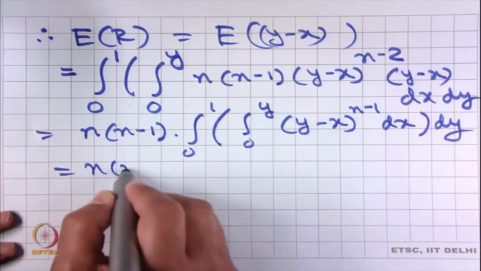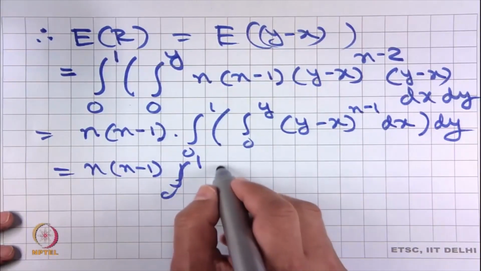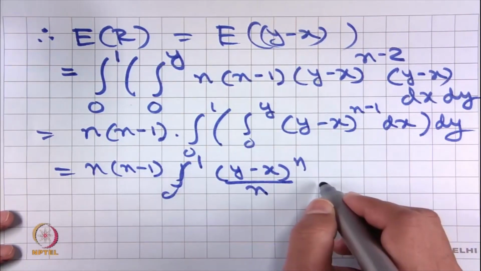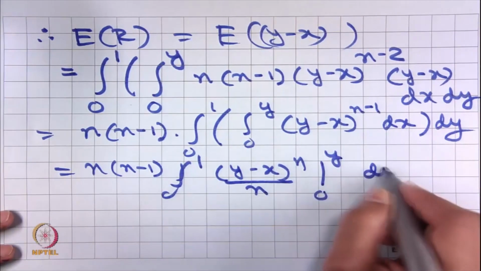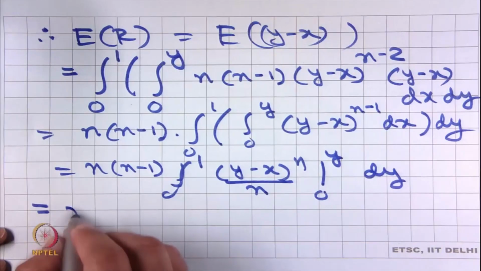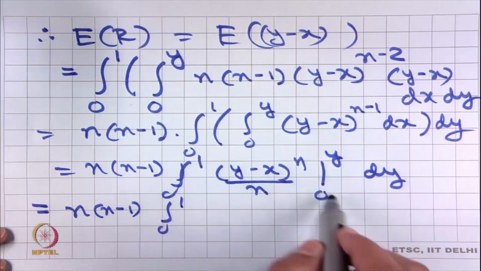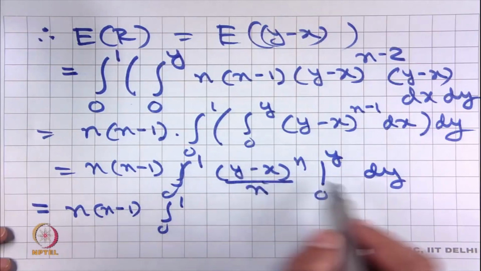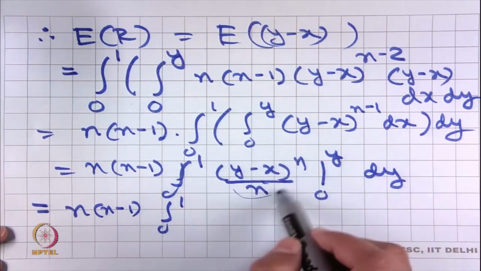This is equal to n into (n minus 1), integral 0 to 1, of (y minus x) to the power n upon n, evaluated from 0 to y, dy. If I put x equal to y, this becomes 0.